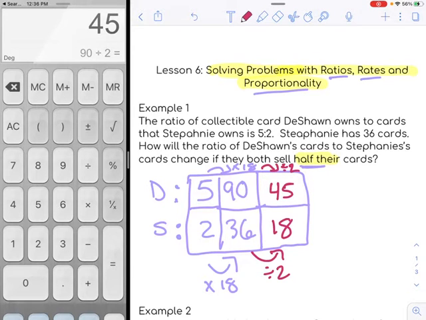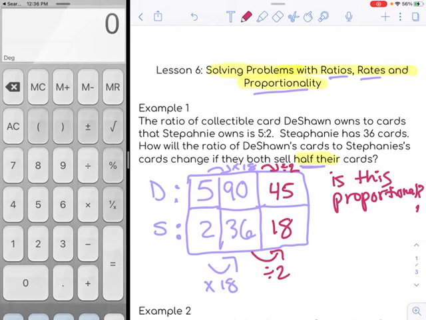Now, what I want you guys to tell me is, is this table proportional? To figure out if it's proportional, what would we do here? We would do 5 divided by 2, which is 2.5. We would do 90 divided by 36, which is also 2.5.